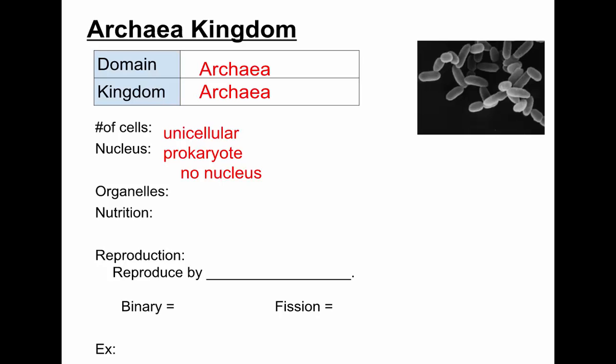It also means that technically they don't have other membrane-bound organelles, like chloroplast or ER, mitochondria. So they don't have organelles. They have other structures, other parts within the cell that fulfill their life functions, but they don't have membrane-bound organelles.